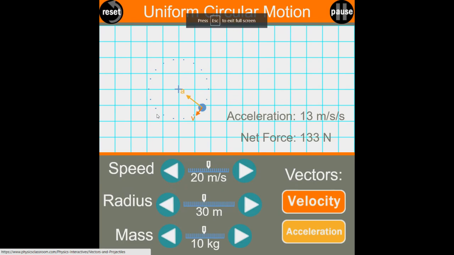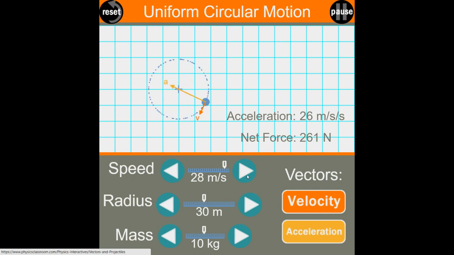This wants to know what's going on as we change speed, correct? I'm going to decrease speed. What happens to the acceleration? It decreases as well. The original was 20. Now, what happens if I increase the speed?